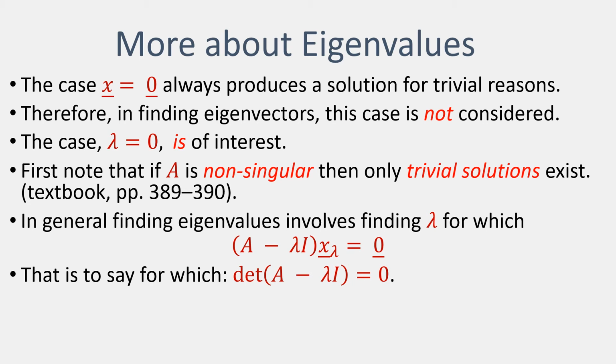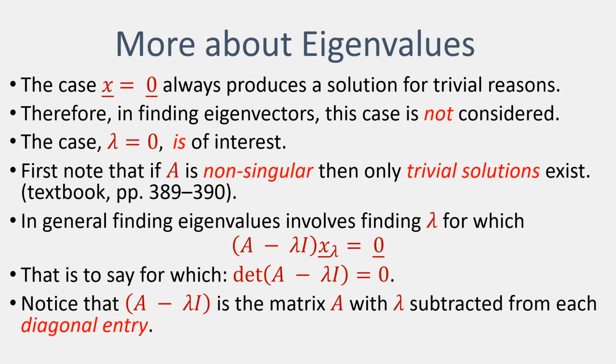Now what that problem reduces to is finding scalar values for which the matrix formed by taking our original matrix and subtracting the identity matrix multiplied by that scalar has determinant 0. That matrix is a singular matrix. Notice that the matrix we have here is just our original matrix, but we subtract the scalar value lambda from each of the diagonal entries.